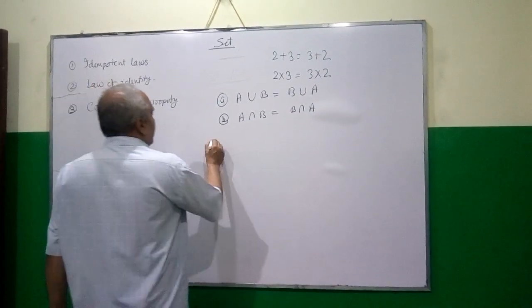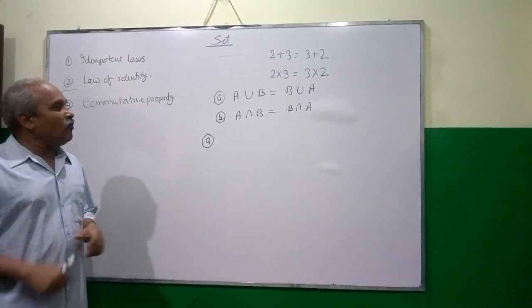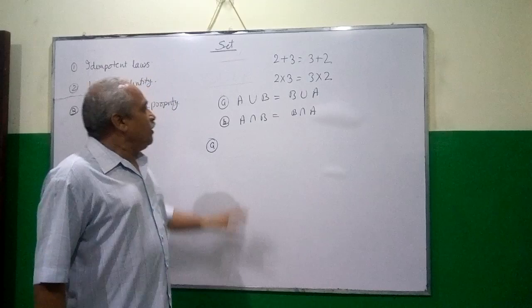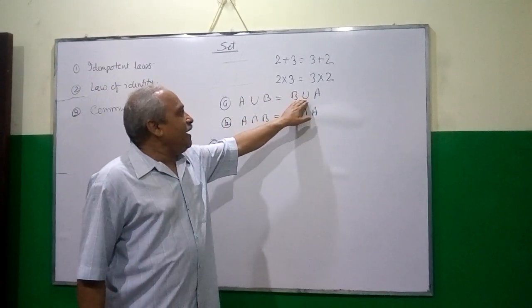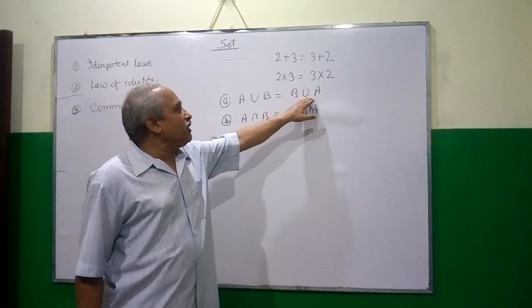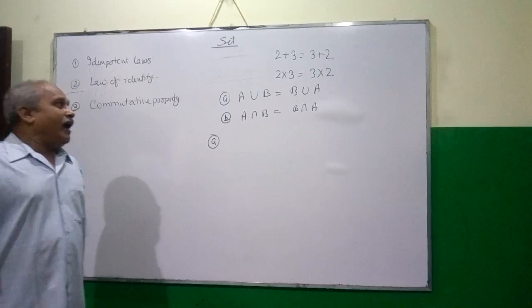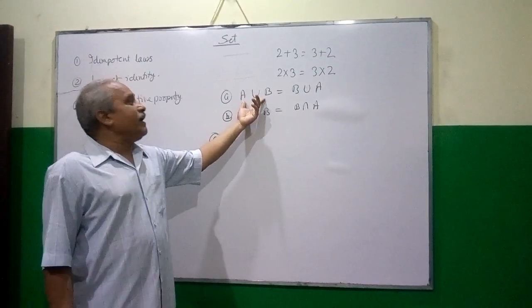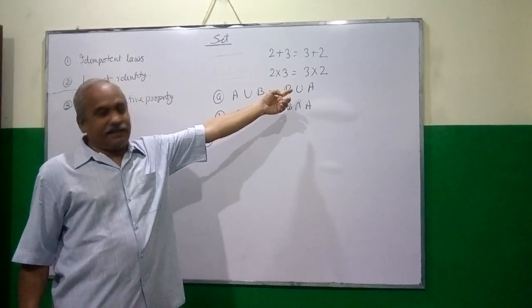In the previous discussion, I had told that whenever we want to show two sets equal, we first show that this set is a subset of that, and in the next part, we show that the other is a subset of this. To show a subset, we take any element of this set and show that the element belongs to that set.